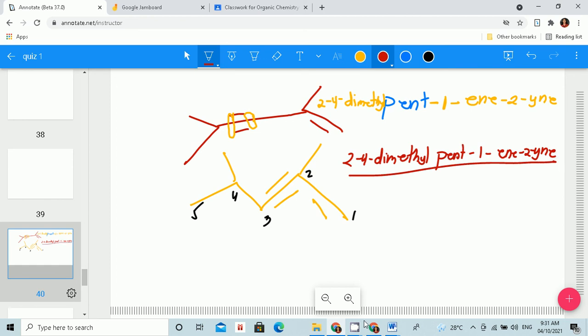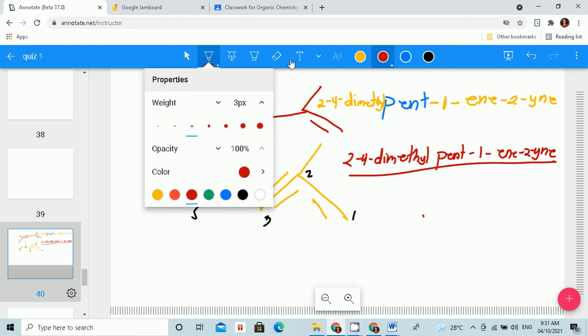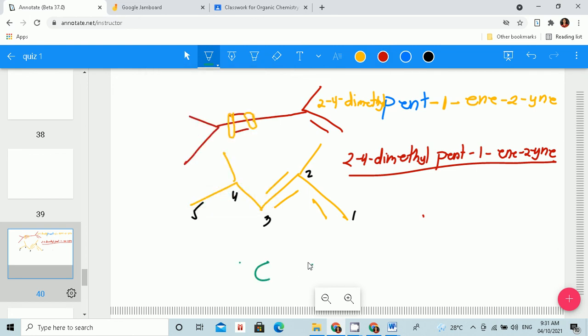Now also class, we are asked of our complete structure, our condensed structure first. So condensed structure will be 1, 2, 3, 4, 5. And then in carbon 1, we have double bond. In carbon 2, we have triple bond. Okay.